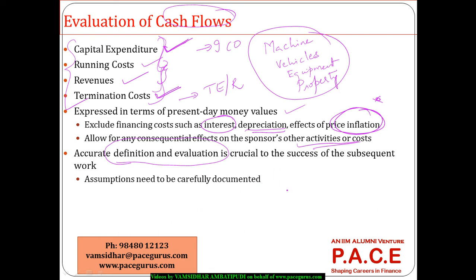So choosing the right procedure for evaluating the cash flows and the worthiness of the project is very important, which means whatever we are assuming regarding the future, the numbers for the different kinds of cash flows, the growth rates or discounting factors, we need to have a very strong base in choosing them. So that's what goes as a part of the initial appraisal process for a capital project.